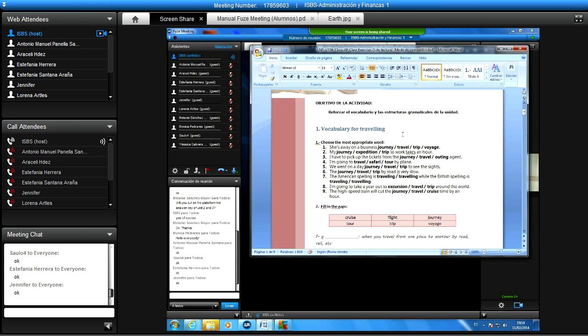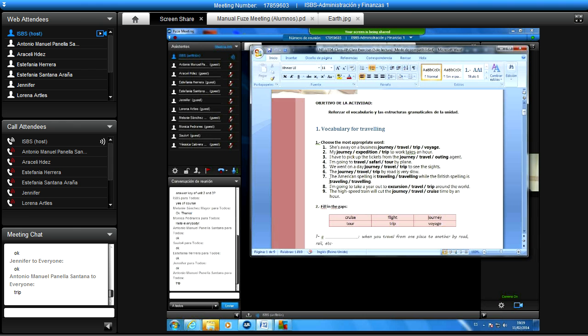Number four, I'm going to travel by plane. We went on a day, Nuria? Not journey. Okay, it takes a day. But while traveling, a day is time. I agree. But it's not the travel time. It's not the whole duration.